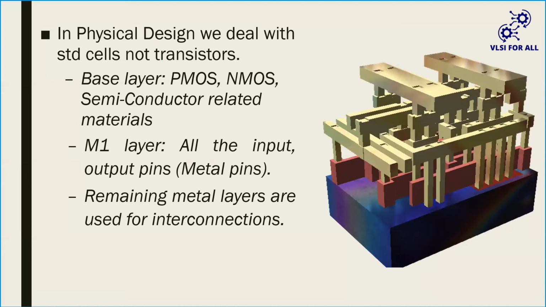It is horizontal, vertical. If you want to go from the first layer to another layer, like second layer, third layer, whatever, remember, metal layer 1 will be horizontal, then metal layer 2 will be vertical. Metal layer 3 will be horizontal. Metal layer 4 will be vertical. It is a horizontal, vertical type.